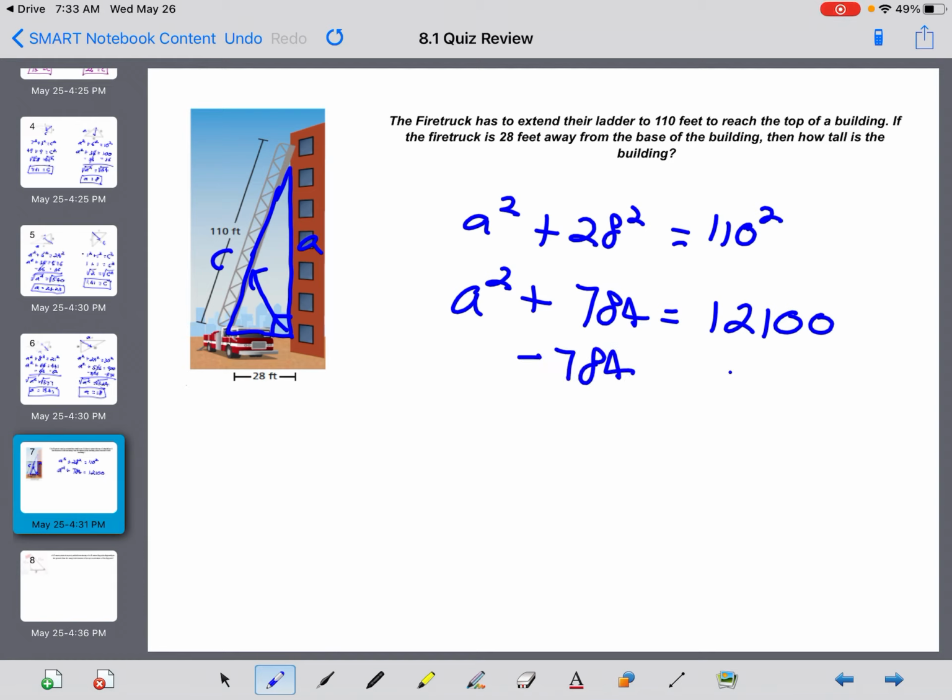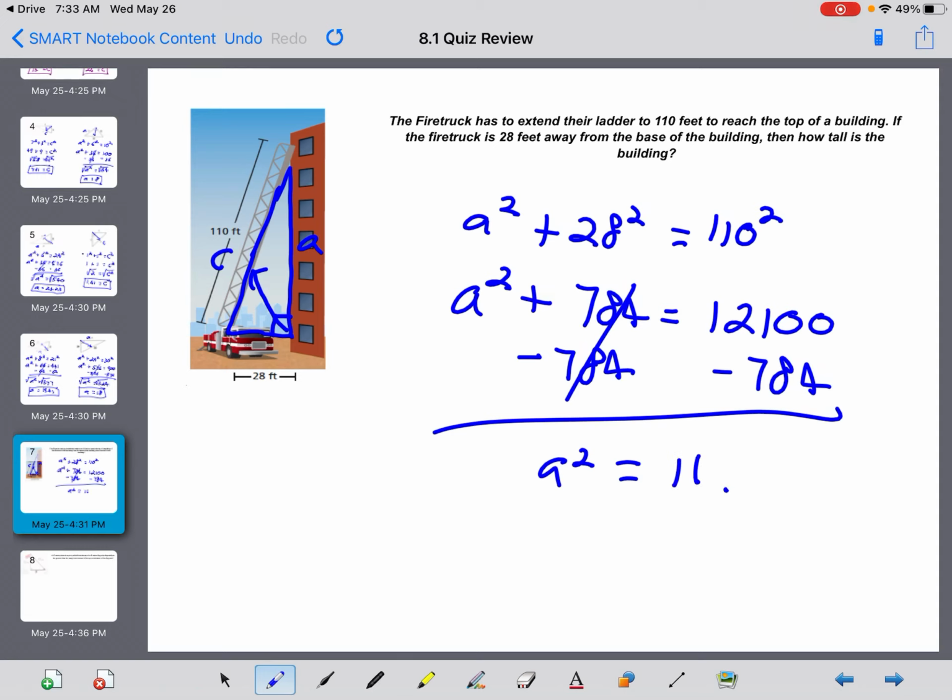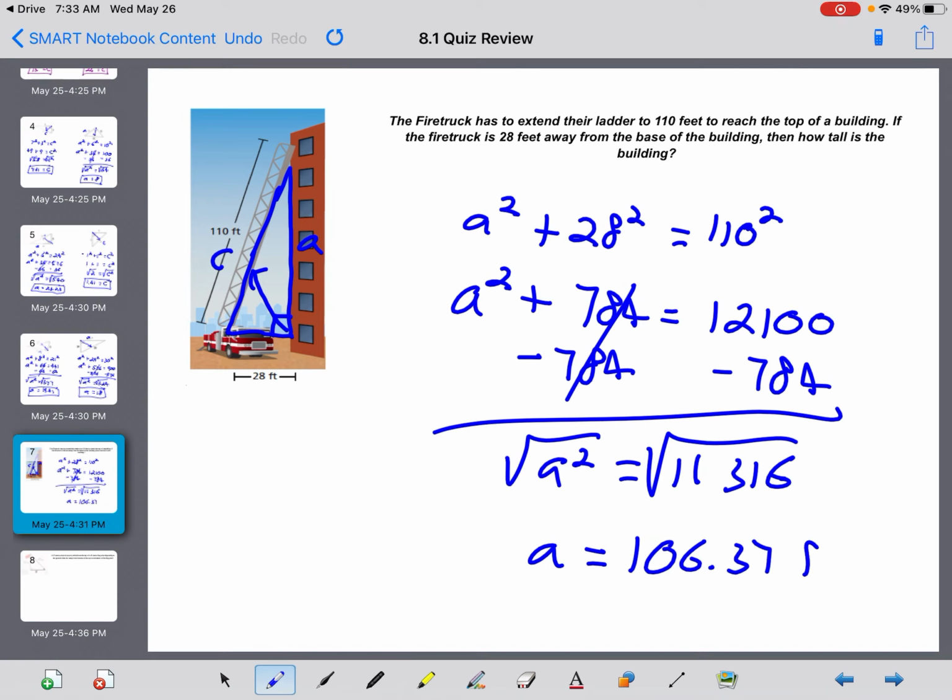Subtract 784 from both sides, and A squared is equal to 12,100 minus 784, which is 11,316. Square root both sides, and A is equal to 106.37 feet.